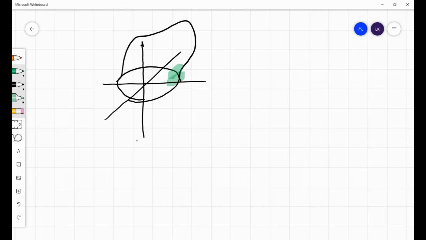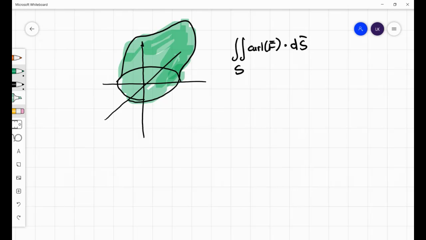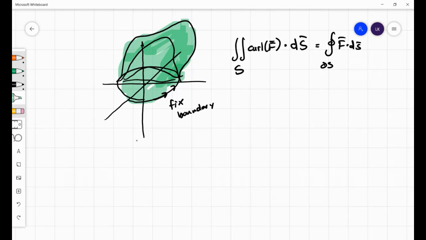If you have some surface that's weird, and you wanted to find the flux of the curl of some vector field, as long as that boundary is fixed, according to Stokes' theorem, you can deform that surface continuously until you just end up with a disk, say.